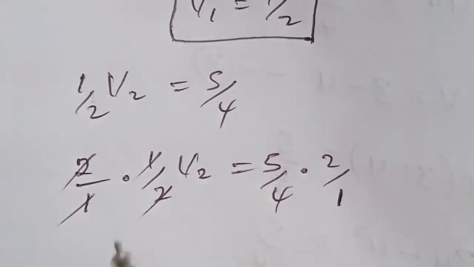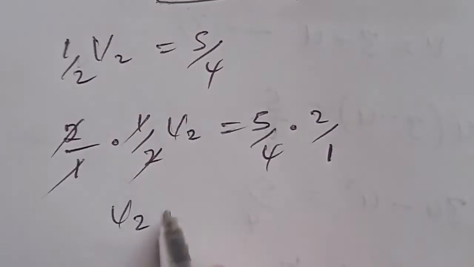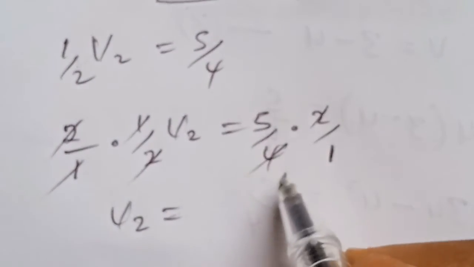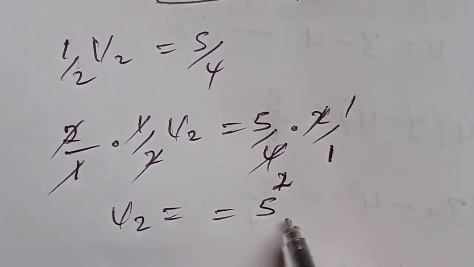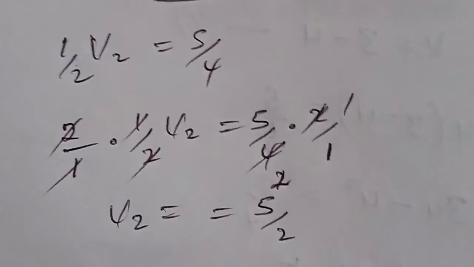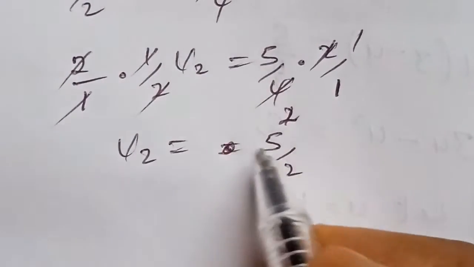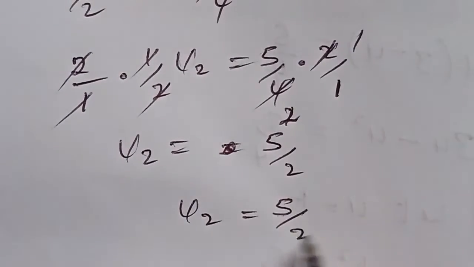They cancel out each other. We are left with v2 equal to 2 here 1, 2 here 2, 2 here 1. And we have 5 over 2. So v2 equal to 5 over 2.